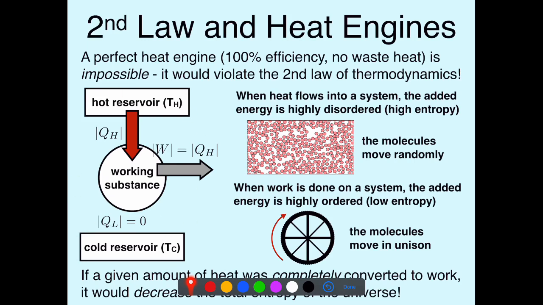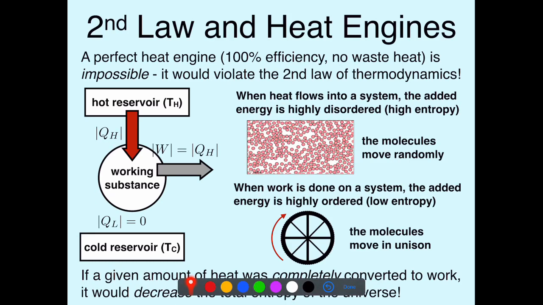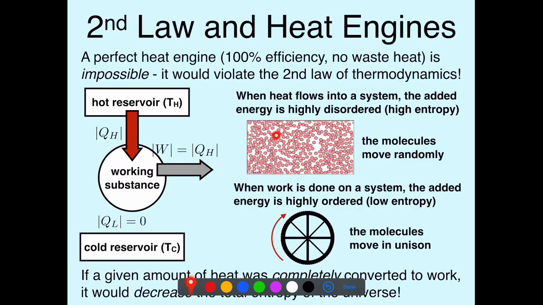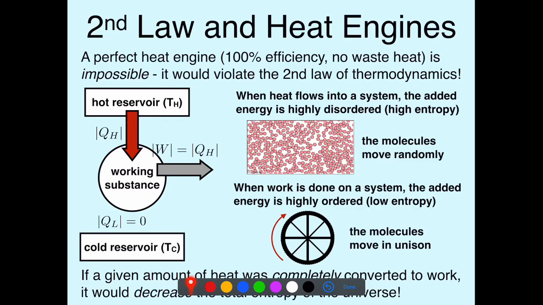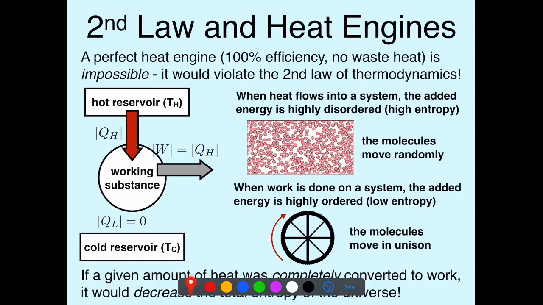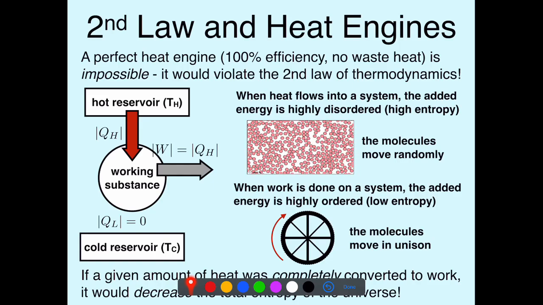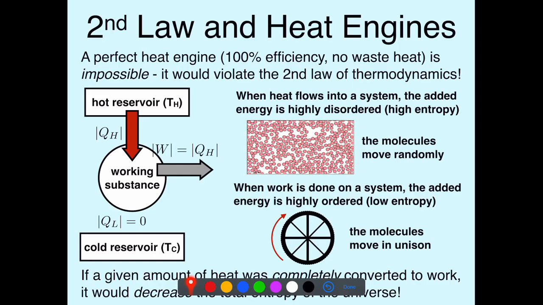Okay, and the reason that's not possible can be understood in terms of the second law. So we have heat and work. When heat flows into a system, the energy that's added to our gas is highly disordered. It's the energy of randomly moving molecules that are bumping into each other, bumping into the walls of the container. This is a high entropy form that the energy can take on because it's highly disordered.